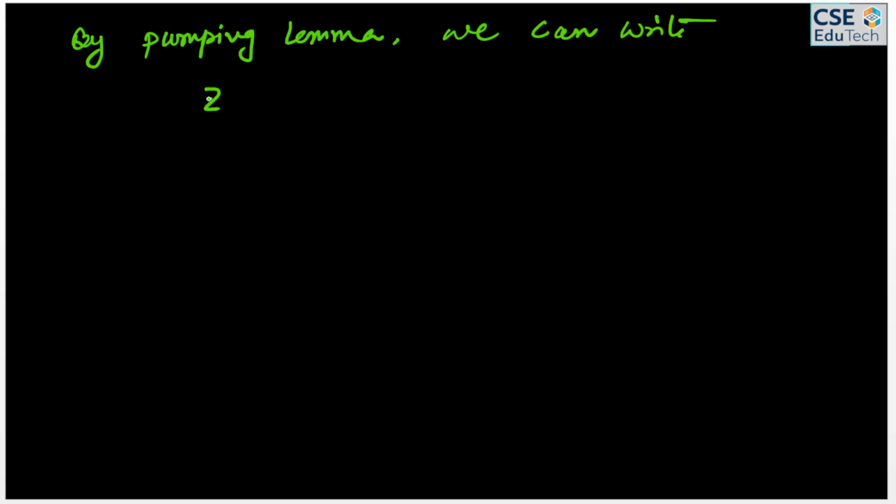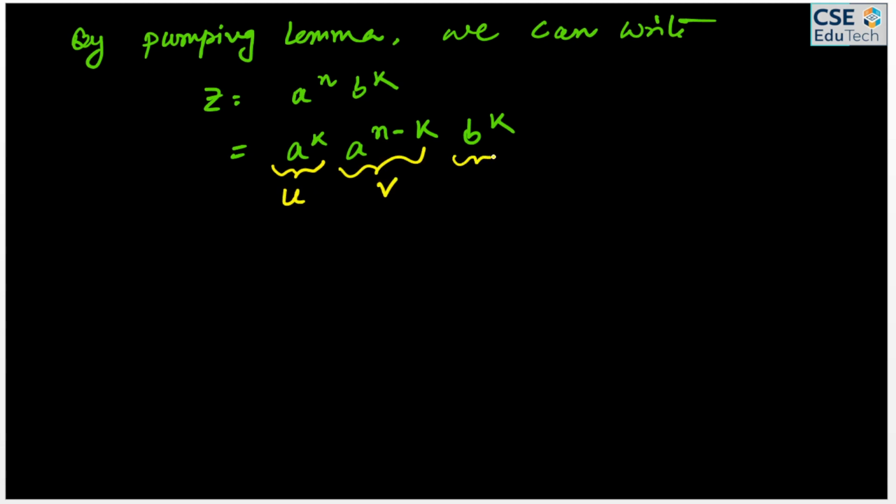Then by pumping lemma, we can write z equal to a to the power n b to the power k, which is of the form a to the power k, a to the power n minus k, and b to the power k, right? So we assume that it is u, and we assume that it is v, and we assume it is w.